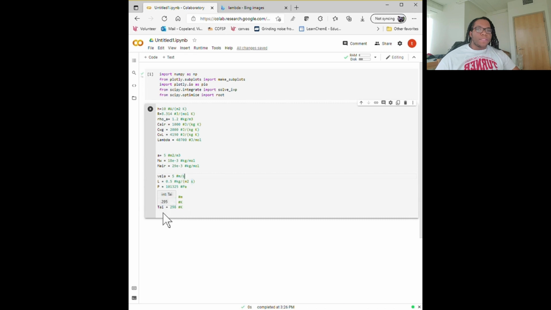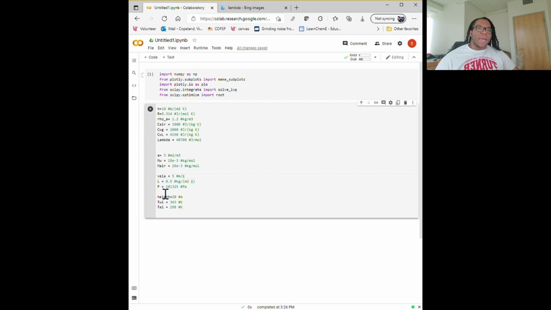Oh, to go back to that, this is specific heat of water in gas form. This is water in liquid form. And then we have our velocity. This is the velocity of air specifically. And then this is our liquid mass flow rate, and this is our pressure of the cooling tower, the pressure in the cooling tower.